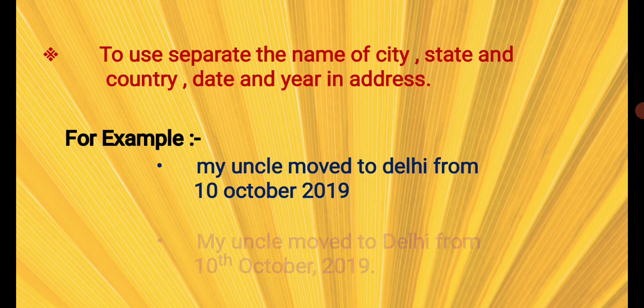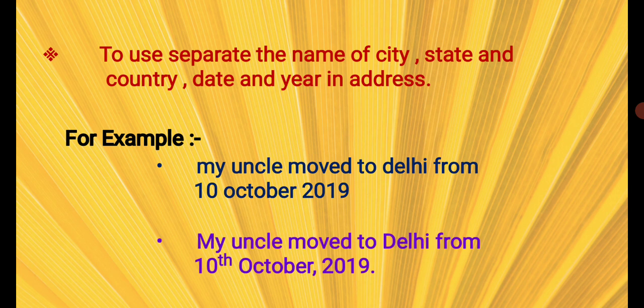So: My uncle moved to Delhi from 10th October, comma, 2019. By this way we will separate the name of city, state, country, date and year in an address also. Right? Let's move on.